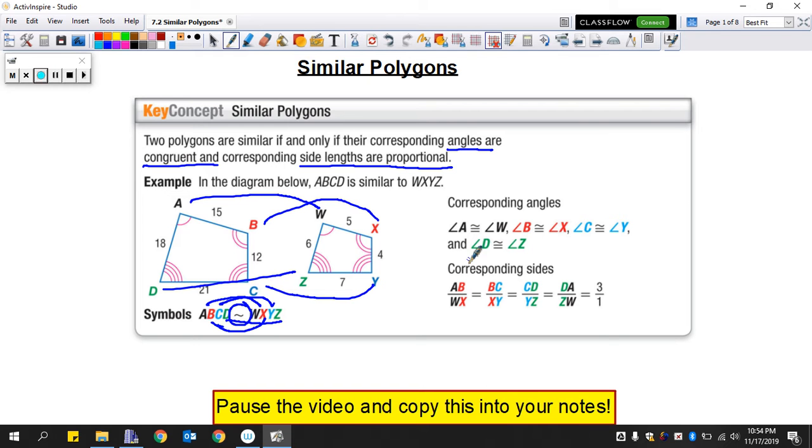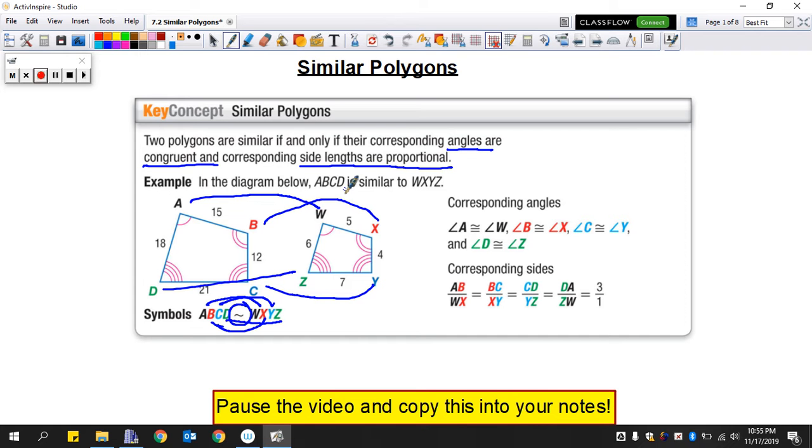The corresponding sides then are AB, which corresponds to WX. You go 15 to 5, which is 3 over 1. BC, the two middle ones, goes with XY. That's 12 to 4, which is 3 over 1.